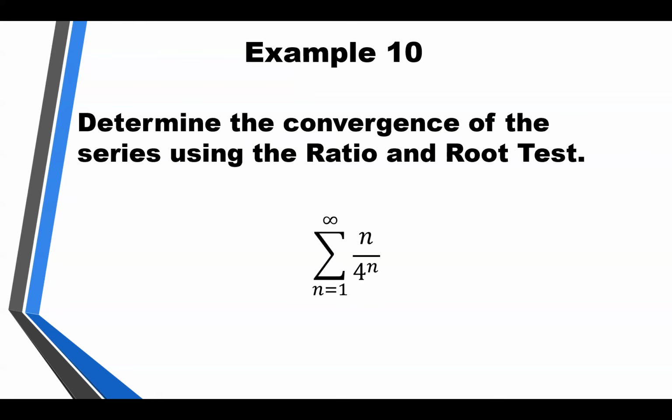If I take an infinite sum of n over 4 to the nth power, you can actually use both the ratio and the root test here. I'll do the ratio and root test both formally for this infinite series.